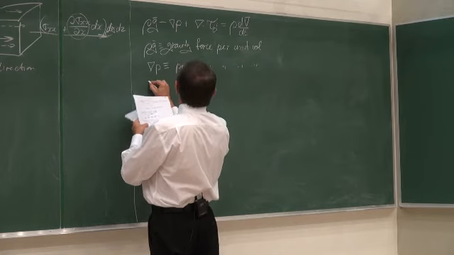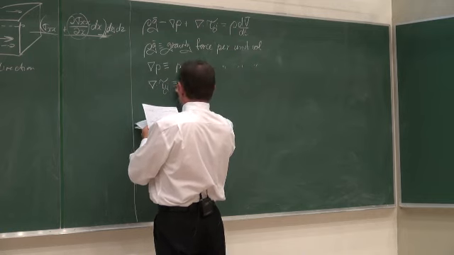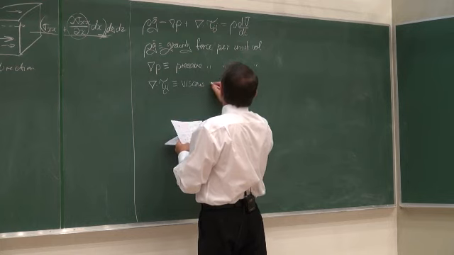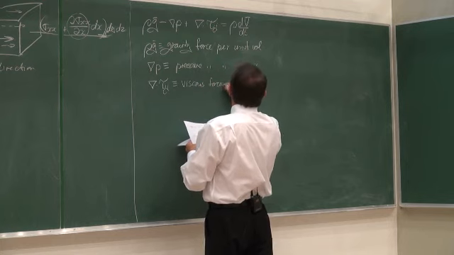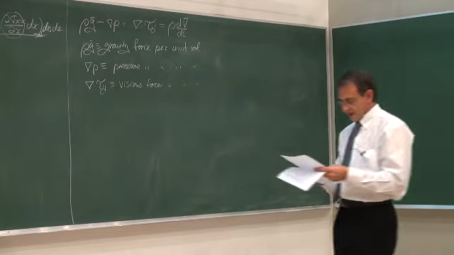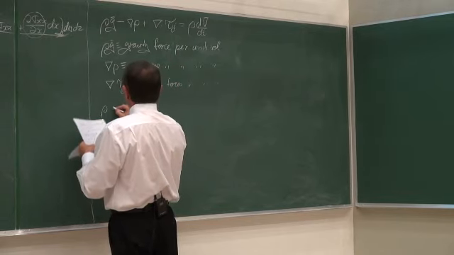The divergence of the stresses is equal to the viscous forces per unit volume. And the last term is just the density multiplied by the acceleration.